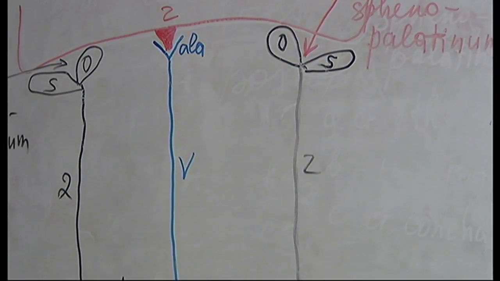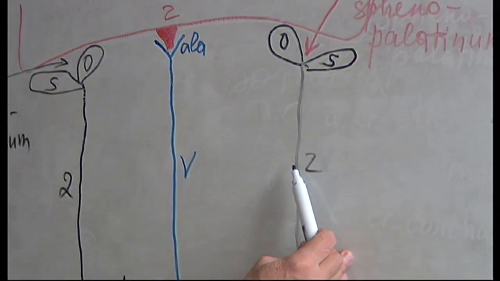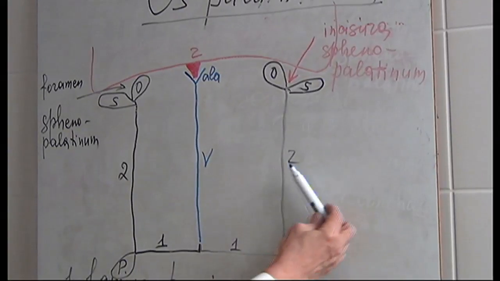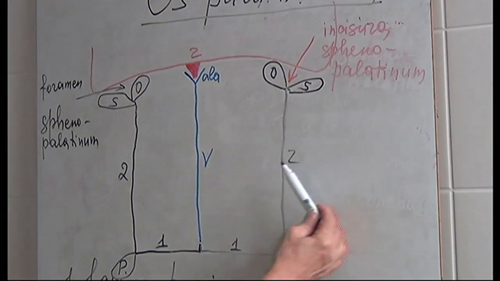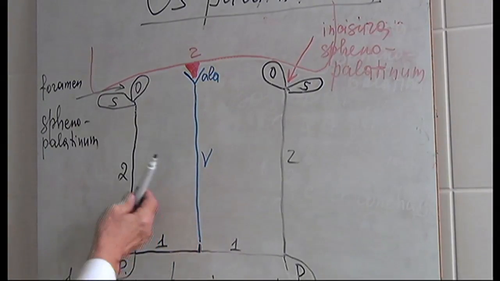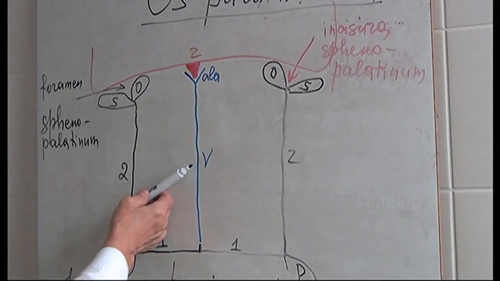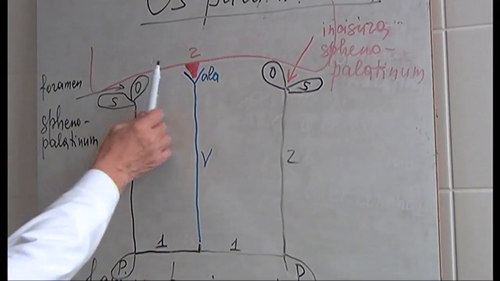So now we have the lateral wall of the nasal cavity. What is it? It's number 2, perpendicular lamina. Inferior wall of the nasal cavity. What is it? It's horizontal lamina. Medial wall of the nasal cavity divides the nasal cavity into two symmetrical parts, left and right.